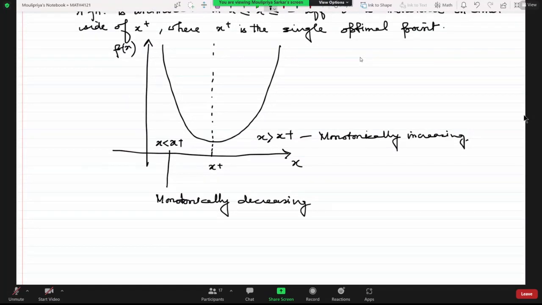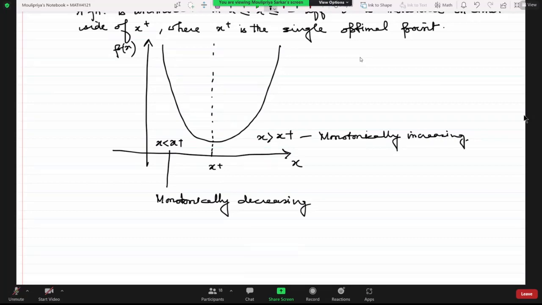Am I okay with the definition of a unimodal function? So can we say that the unimodal function can have only a single minima or a single maxima in a given interval? Are we all okay with the given definition? In layman's language, we can say that a unimodal function can have only a single minima or a single maxima in a given interval. Right? Am I correct with this?